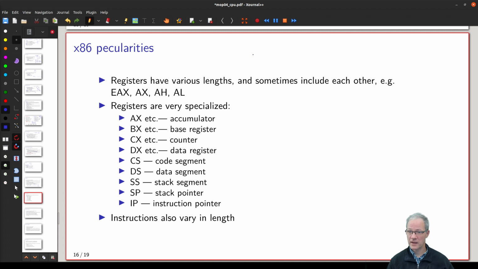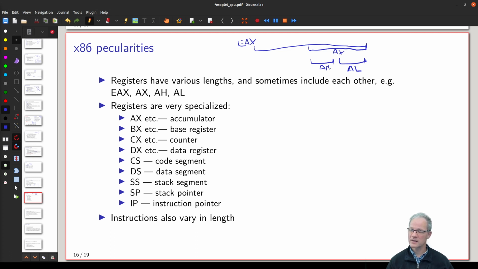So for example, if I have the so-called EAX, extended AX register, then the lower half is actually AX, which is also divided into AH and AL. So you have 4 registers pointing to the same location more or less, right?